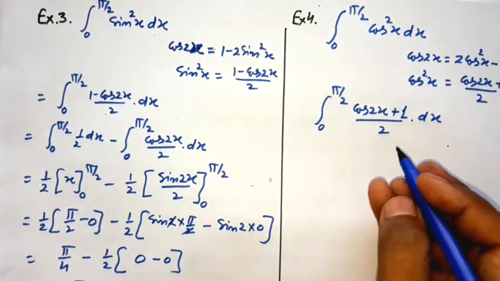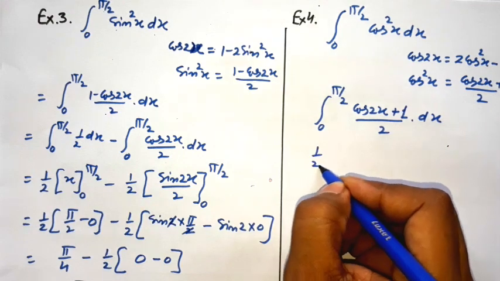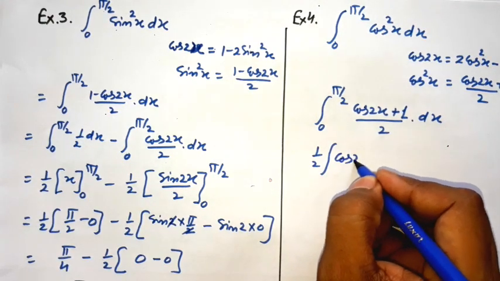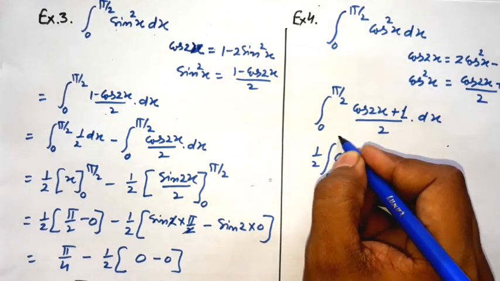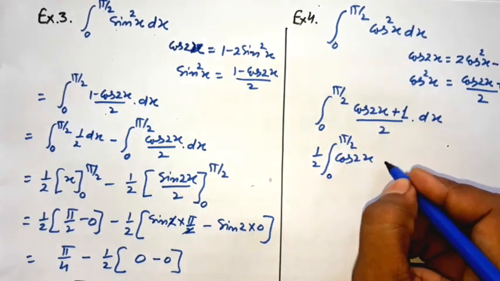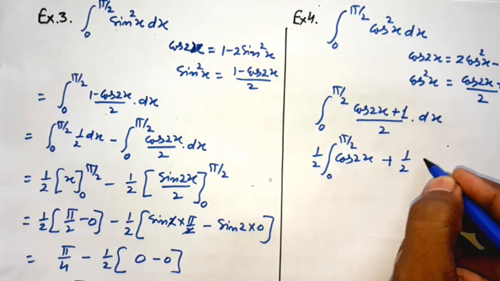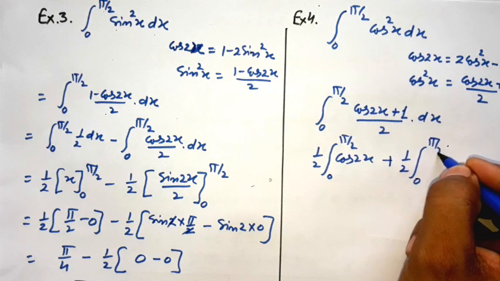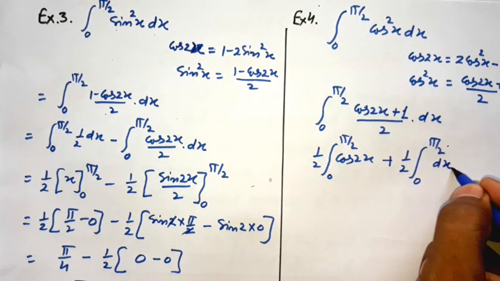Now 1 by 2 is constant, so 1 by 2 integration of cos 2x from 0 to pi by 2 plus 1 by 2 integration from 0 to pi by 2 of dx.